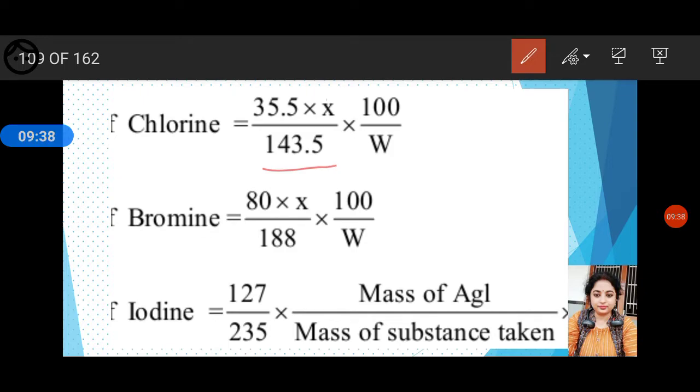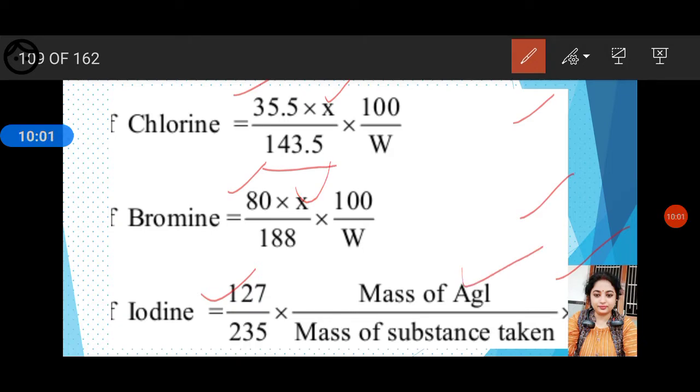Though all the chloride, bromide and iodide compounds are formed in the same way, the calculation will be different because of the different molecular masses of chloride, bromide, iodide and silver chloride, silver bromide, silver iodide.